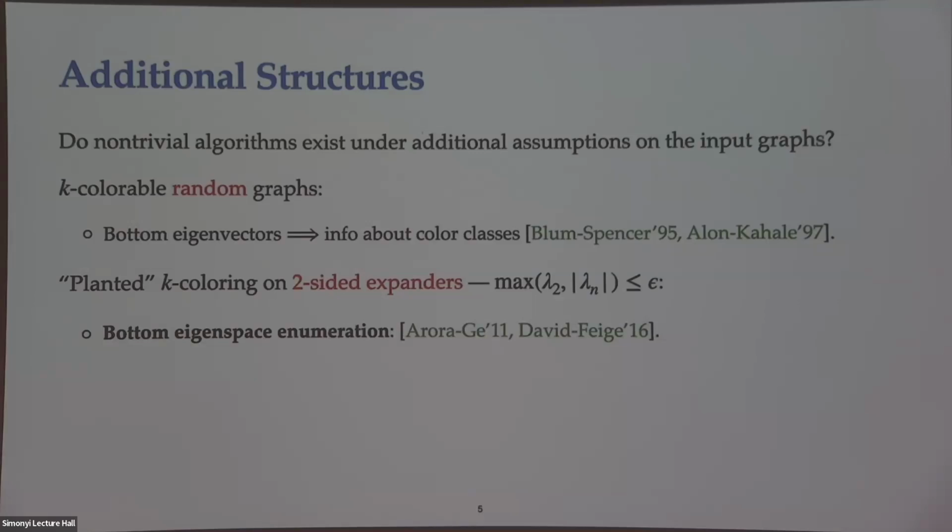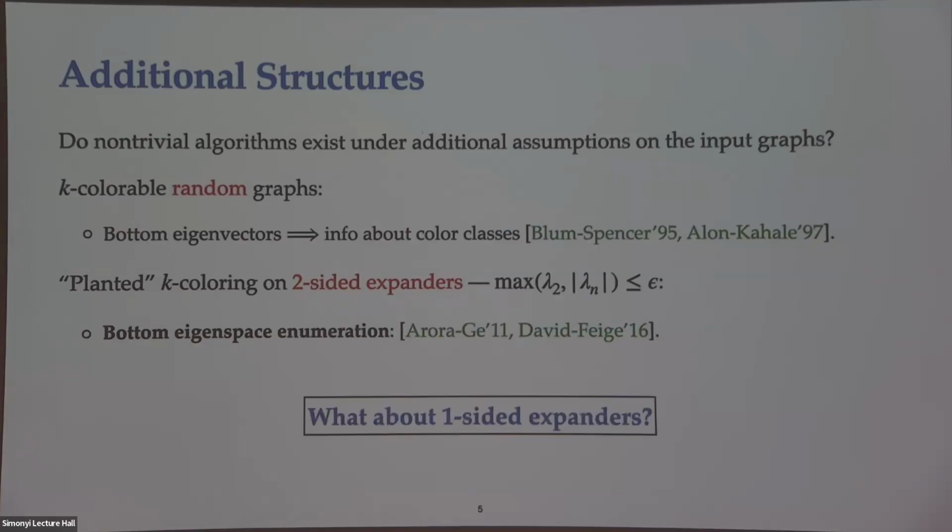They can find an almost coloring, but for exact coloring, they actually show some hardness result, even if they assume a random graph. But if you only care about finding an almost k-coloring, or a large independent set, then they're able to do this.